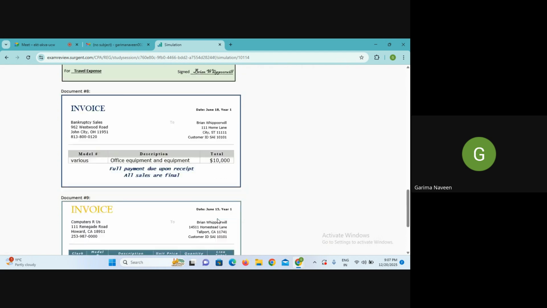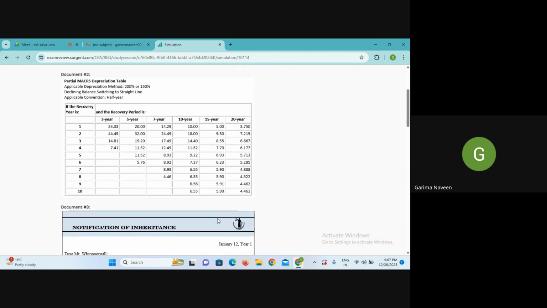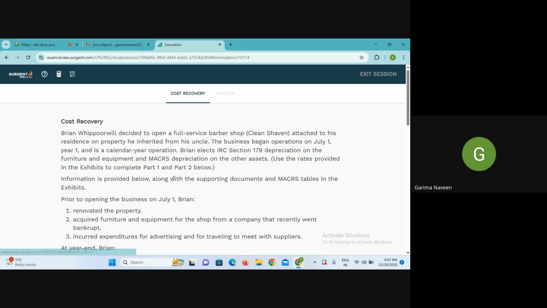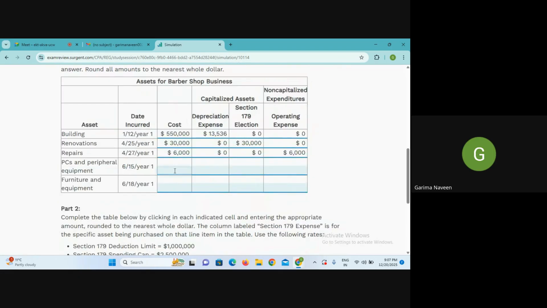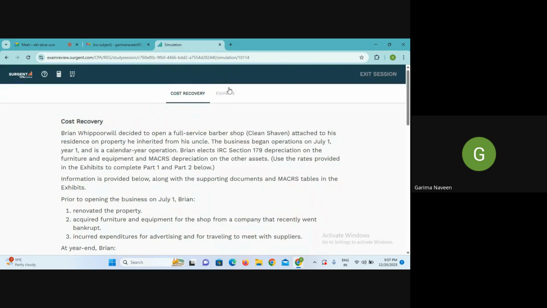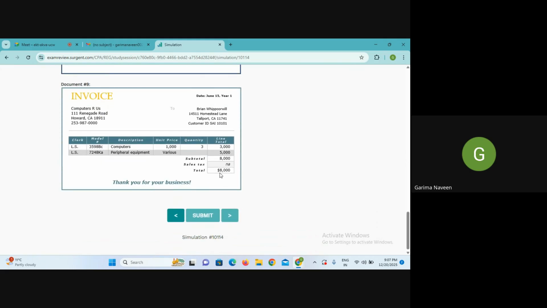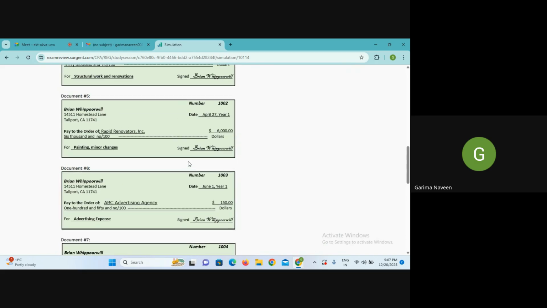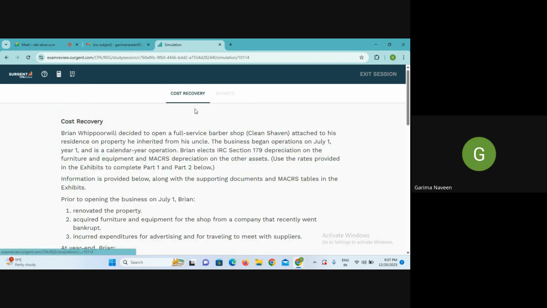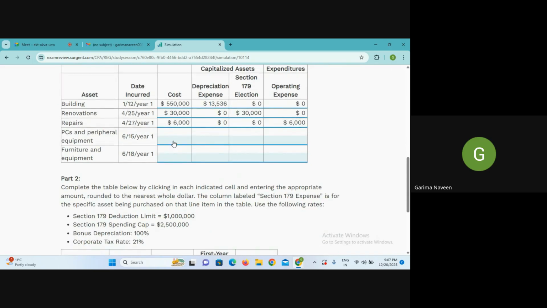So will you capitalize it or you will expense it? What was the amount? I forget. $8,000 के आपने ये दोनों चीजें खरीदी हैं। कॉस्ट कितनी पुट कर दोगे यहाँ? 8,000?